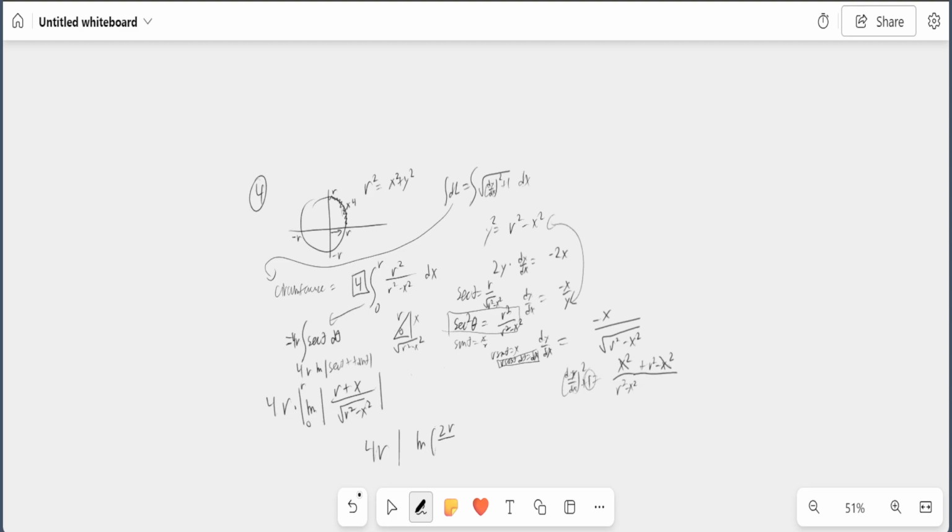Indefinite integral, right? So we need to take the limit as t goes to r of 2r over, shoot, what am I doing? r plus t over r squared minus t squared.